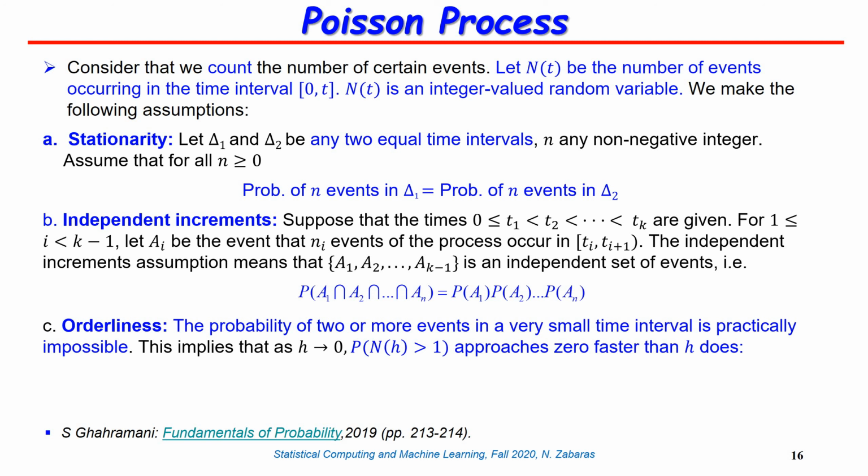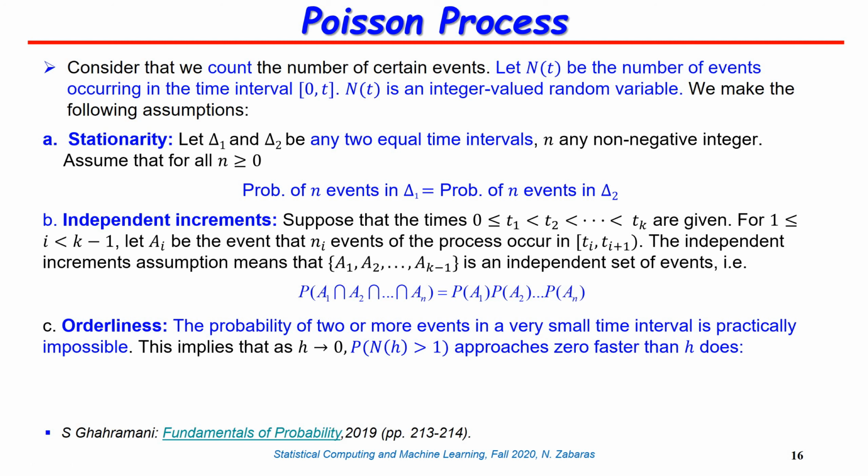And if you want to be more precise, remember N of h is observing n events in the time interval h. So as h goes to 0, the probability of n being greater than 1 approaches 0 faster than h does.